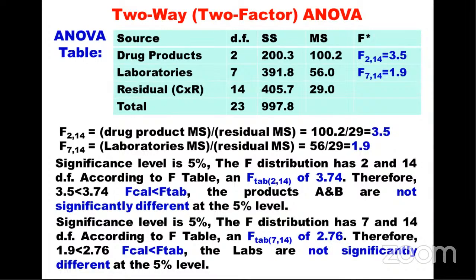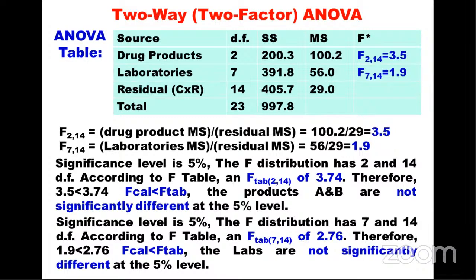F between the products is 3.5. F between the laboratories comes to 1.95. F for the products from the table comes to 3.74. So 3.5 is less than 3.74, meaning the products are significantly different.